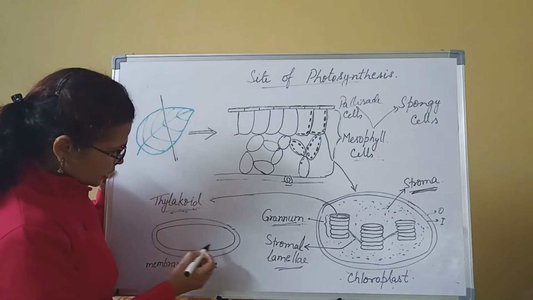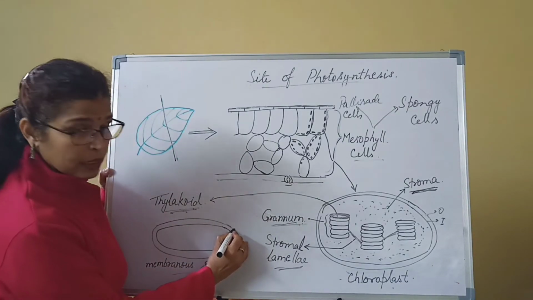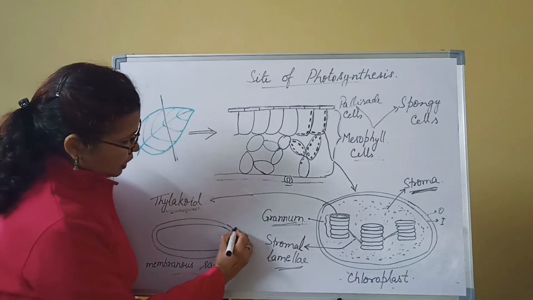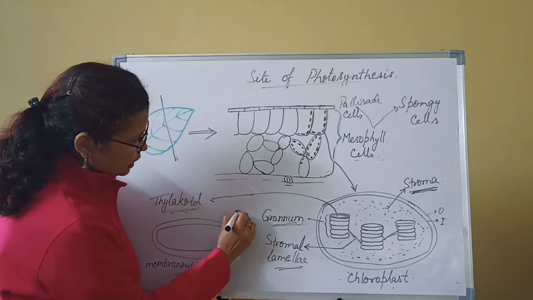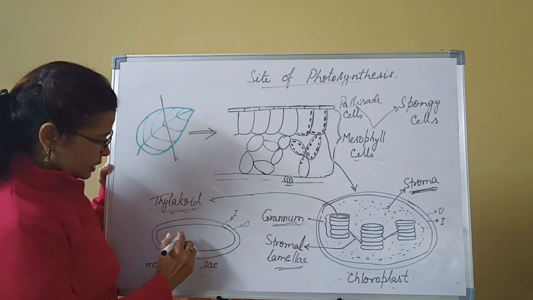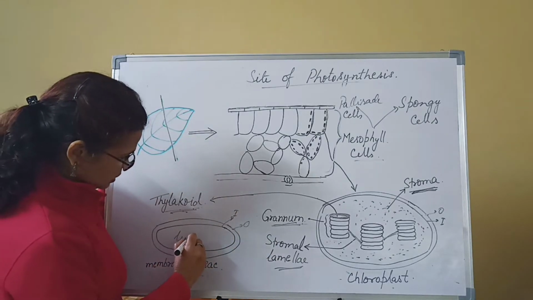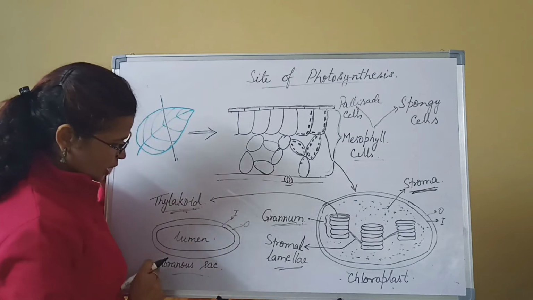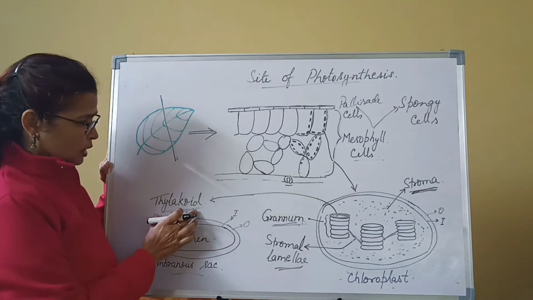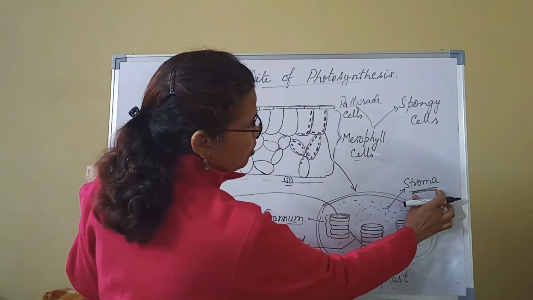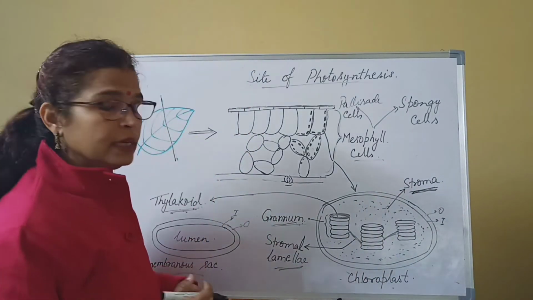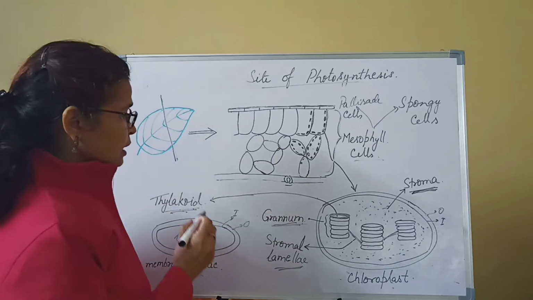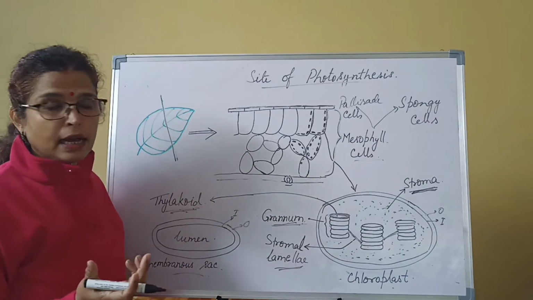So the structure of thylakoid is also a double layered structure. This is the outer membrane and this is the inner membrane. And inside this, the lumen is present. So in the thylakoid and the stroma, the whole photosynthesis is completed in two different reactions, the light reaction and the dark reaction.